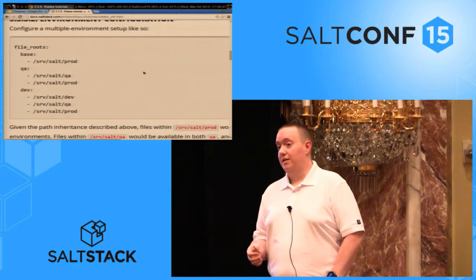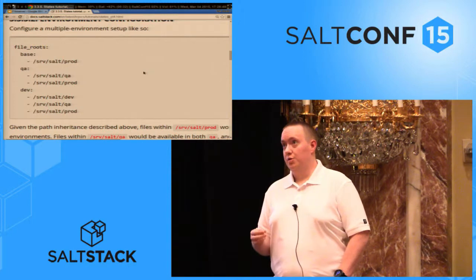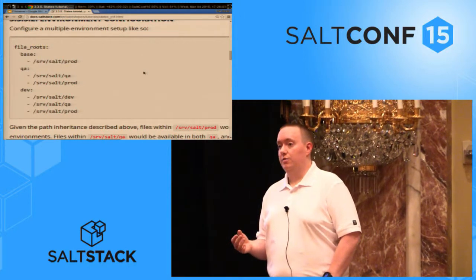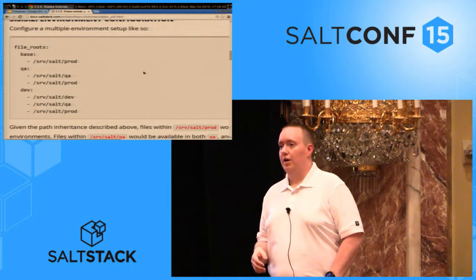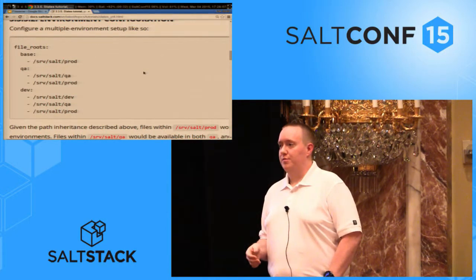I can't think of a good way to do it off the top of my head without Salt managing it right now. Although I'm sure there are ways, none spring to mind right now. I'm sure I could come up with something if I needed to.